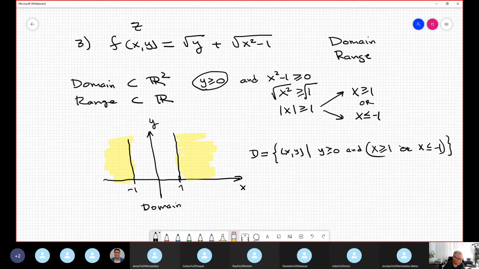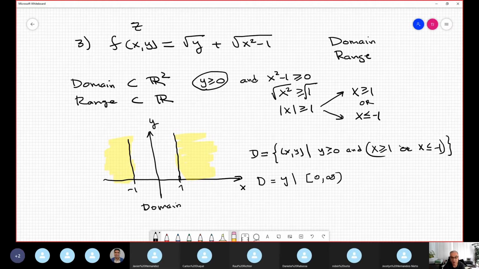Another way to see it more clearly, the other notation, the domain is y such that y is in between 0 and infinity, so like that, 0, infinity.